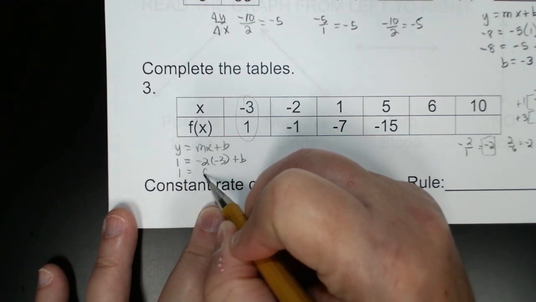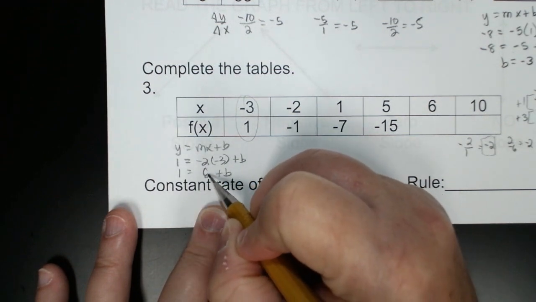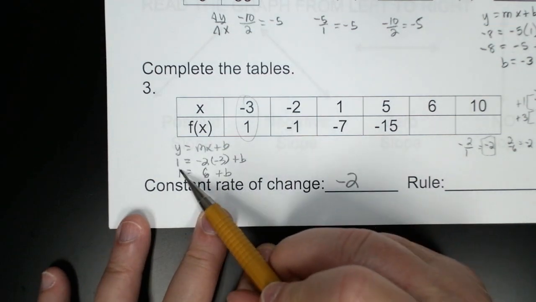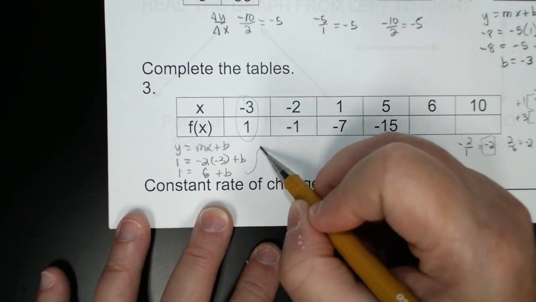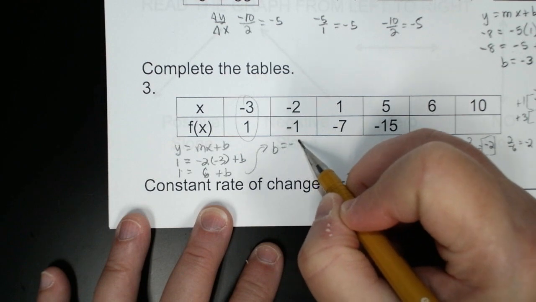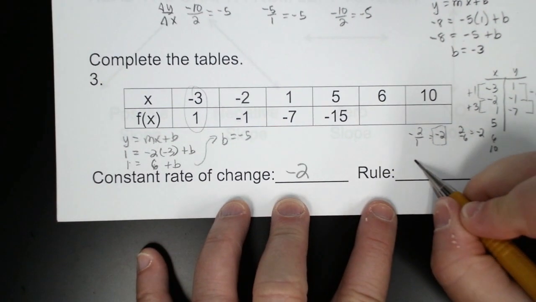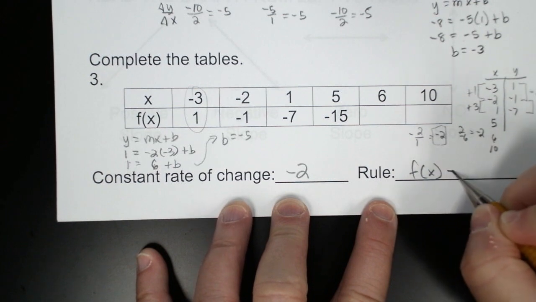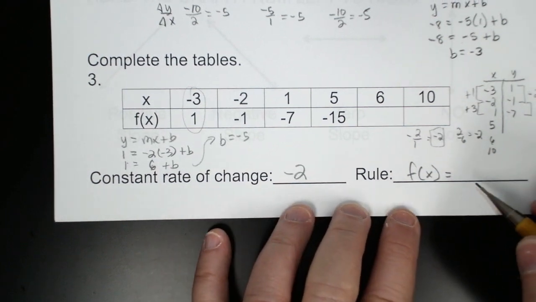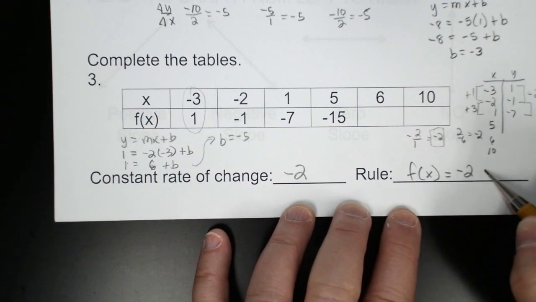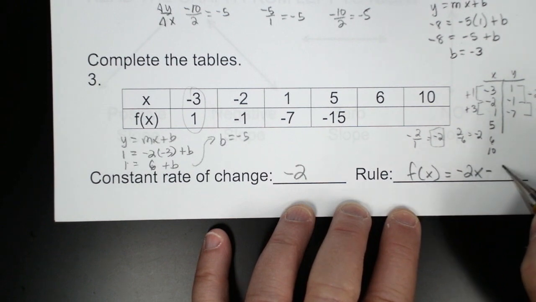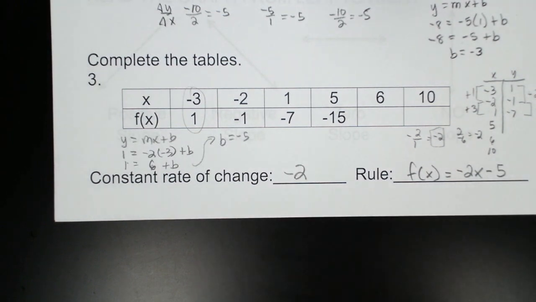One equals 6 plus b. I'm at 6, I have to get to 1. b equals negative 5. So my rule is f of x equals negative 2x minus 5. I'm going to stop the video there and do a part 2.